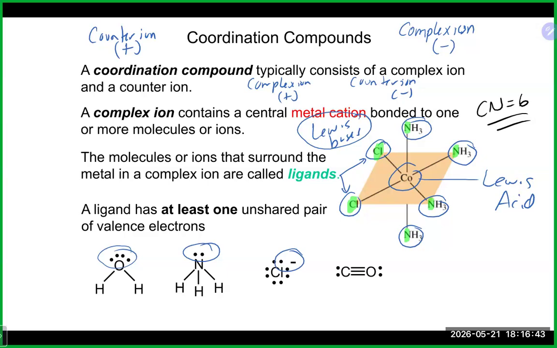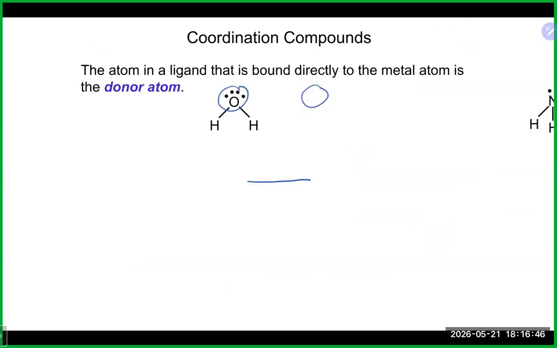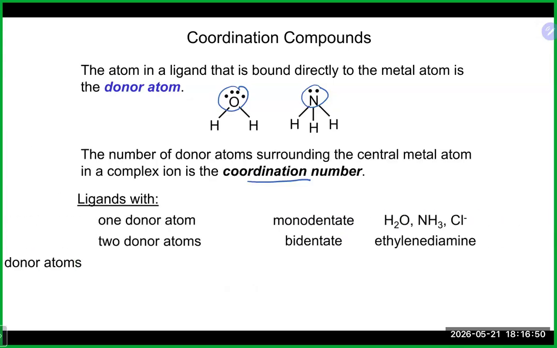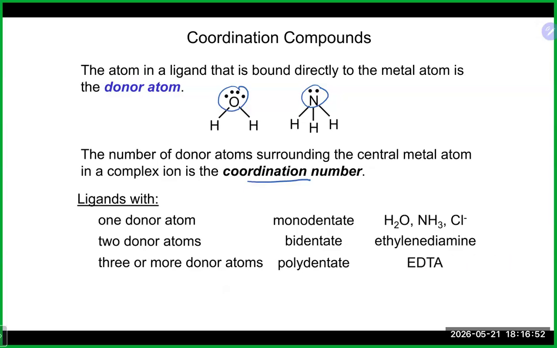The coordination number is not necessarily how many ligands are present. It is how many atoms are directly attached to that metal. In some cases, the number of ligands attached and the coordination number will be the same, when you have the type of ligand sometimes referred to as monodentate or unidentate.